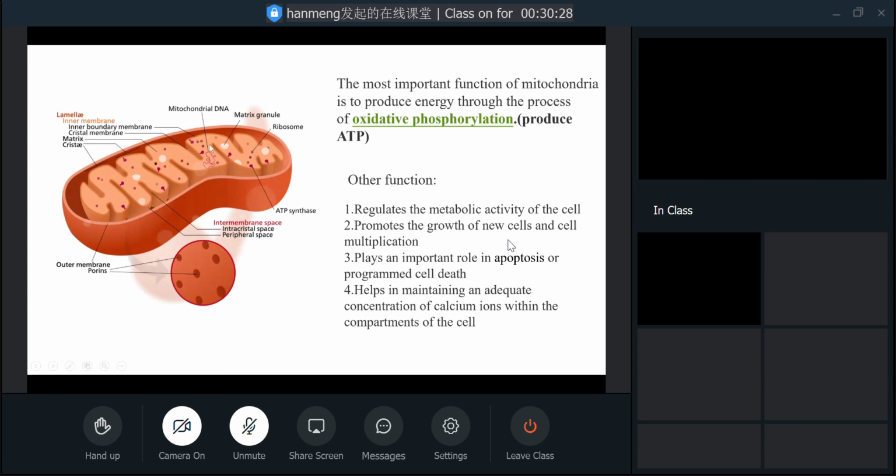And the mitochondria also can help maintain an adequate concentration of calcium ions within the compartments of the cell. So the mitochondria have a very important role in our cell, and it is located in the cytoplasm of a cell.